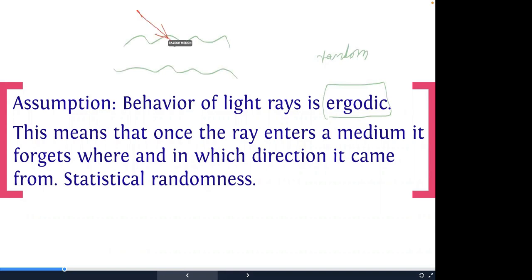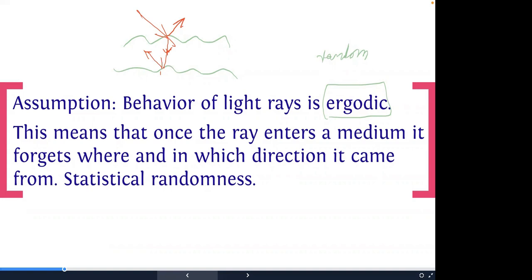the medium. Of course, some of it's going to get reflected, some of it will get refracted. After a few different bounces, it is going to forget the direction in which it came from. That's the idea. So in other words, once it enters from the outside to the inside, it becomes completely randomized. This is what's called the ergodic assumption.